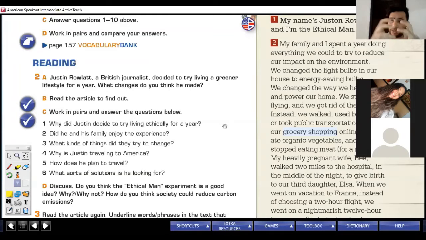He wanted to reduce his impact on the environment. So that's the answer, right? He said that he wanted to be cleaner and he wanted to save a lot of energy and reduce his gas emissions, but not only his. Now he's trying to do it for everyone, right?